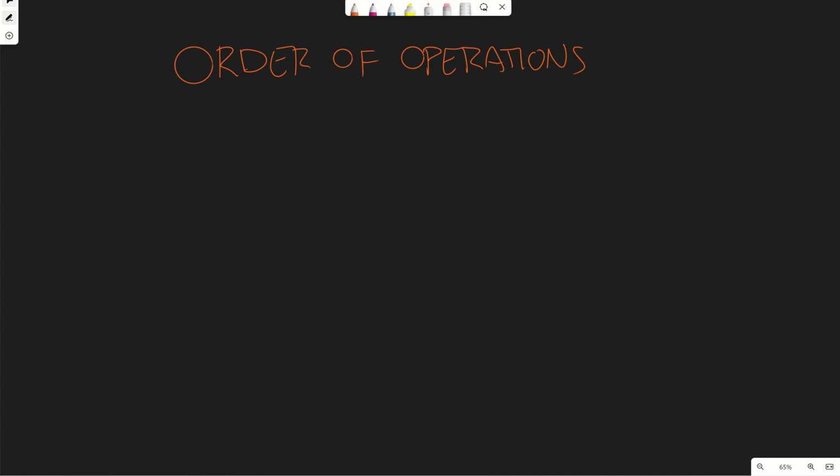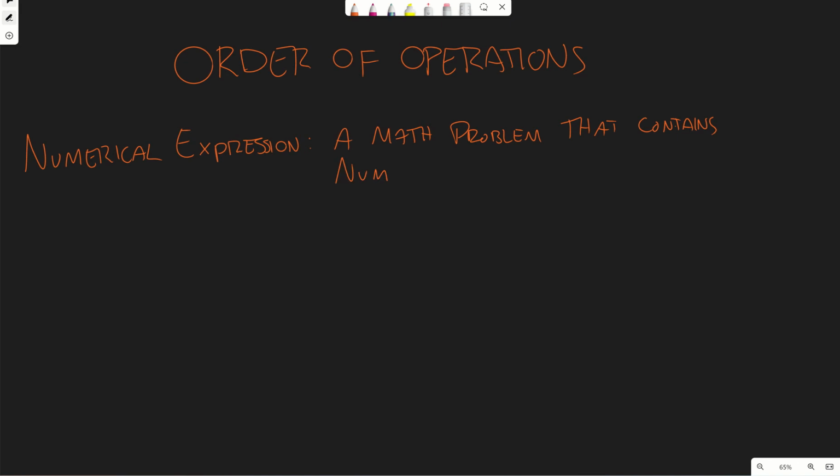So, when we see a math problem, most of the time what we've seen in math has been called a numerical expression. And this is a math problem that contains numbers and operations.